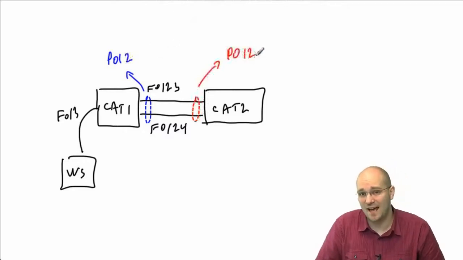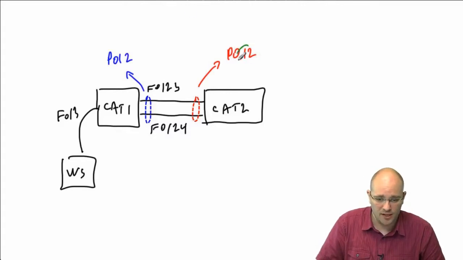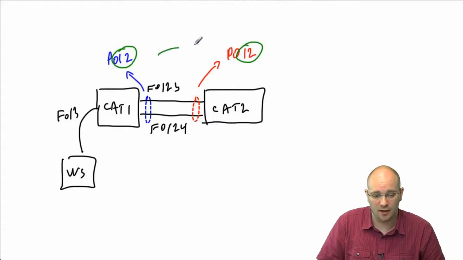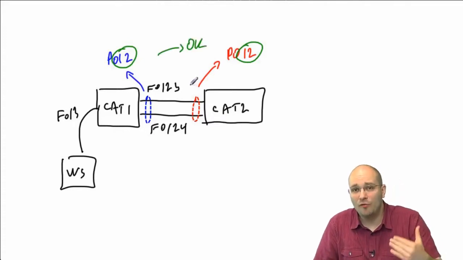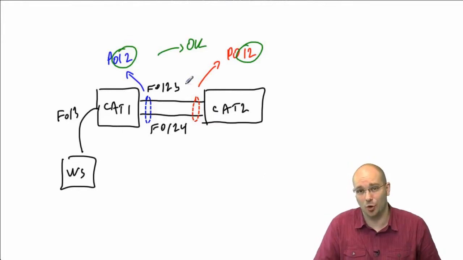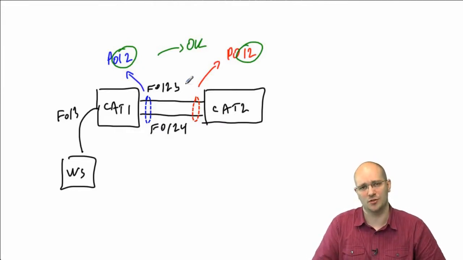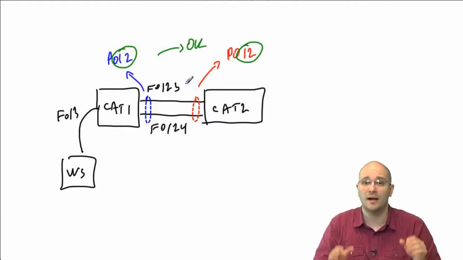This doesn't have to be the case. I can use a different number here and a different number here, and my port channel will still be okay. But to avoid confusion, to avoid troubleshooting nightmares, as I like to call them, in production networks, you should really try to match port channels on two sides of your link. You don't have to, but it's a good common practice.